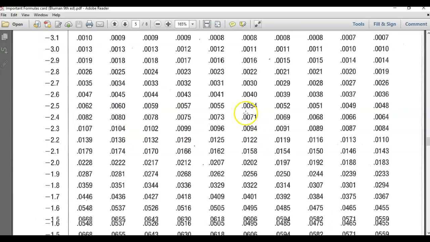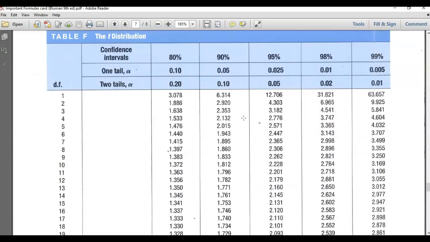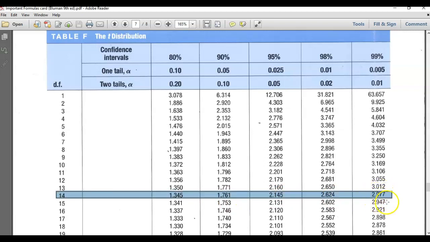And when you look on the table F, for a 99% confidence interval and 14 degrees of freedom, the number there is 2.977.